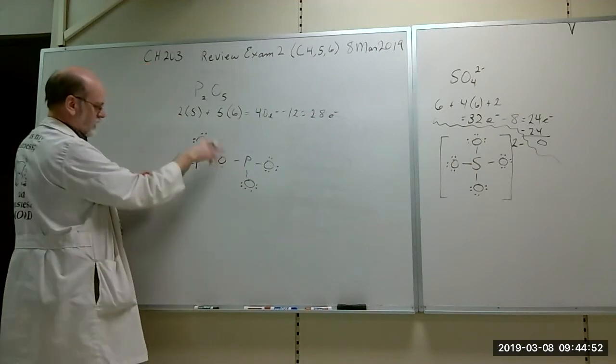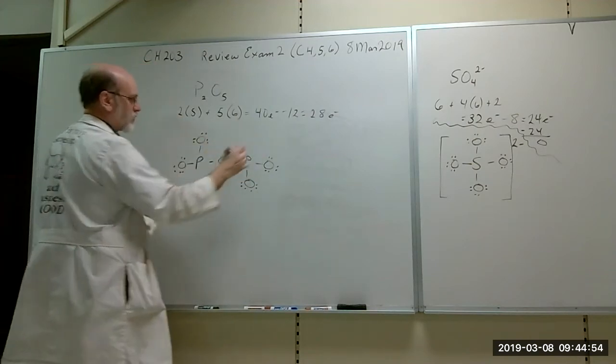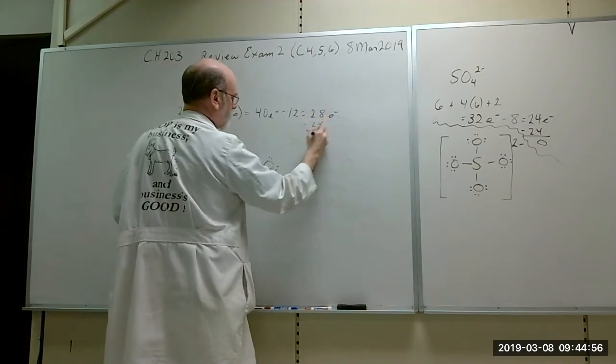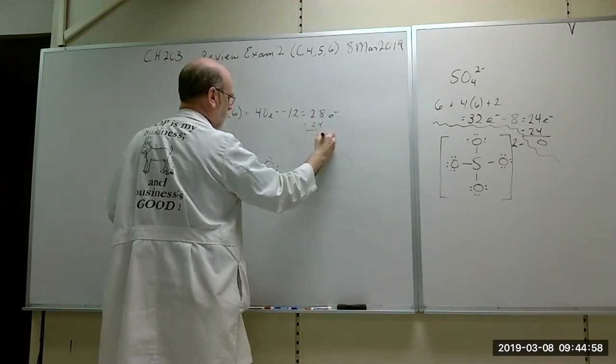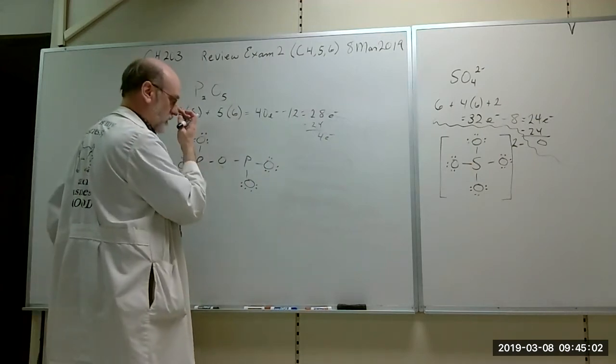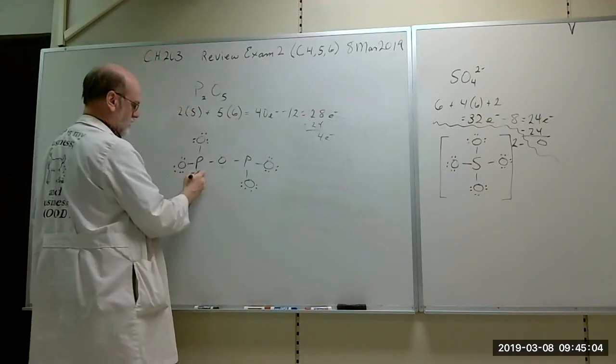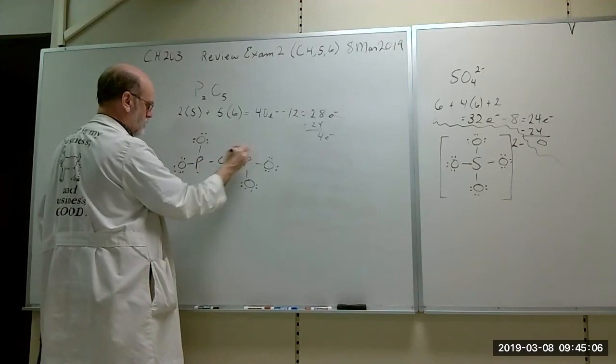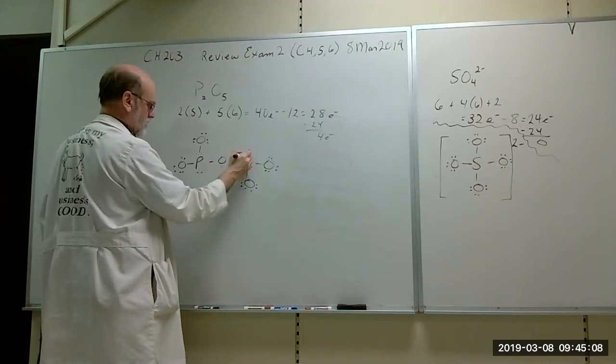Okay, now we have octets for all the oxygens with 24. We have 4 electrons left. Now we work our way in with 4 electrons. So 1, 2, 3, 4.